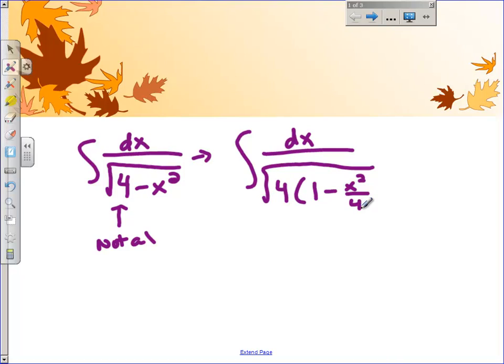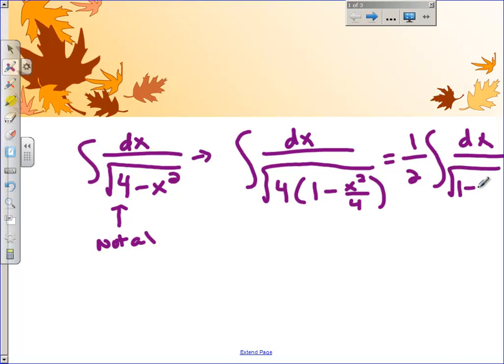If you don't believe that, just distribute that 4 back through and you're going to see it looks like this. Then I'm going to take that square root of 4 all the way out in front of my integral. So then I've got the square root of 1 minus, now x squared over 4 can be written as x over 2 squared.